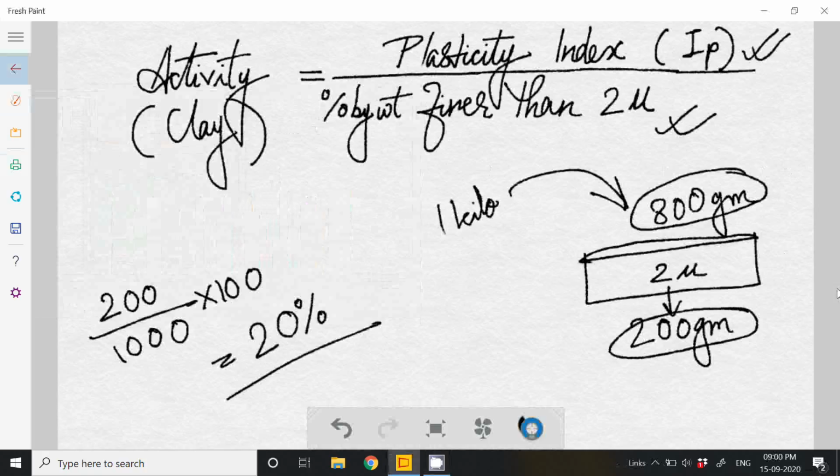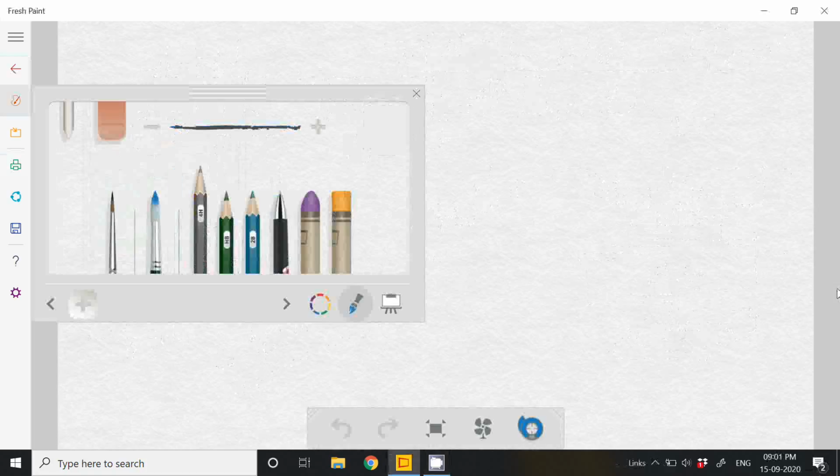So what is the basic significance of activity? If I write the definition, if activity is higher, then we can expect clay-like behavior, like higher compressibility, higher swelling and shrinkage characteristics from soils.